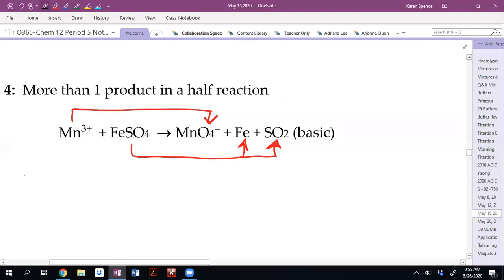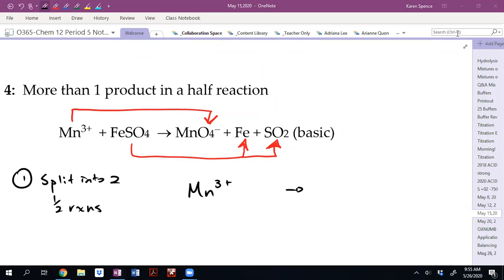So step one, we're going to split into two half reactions. We will have our Mn3 plus going to MnO4 minus.